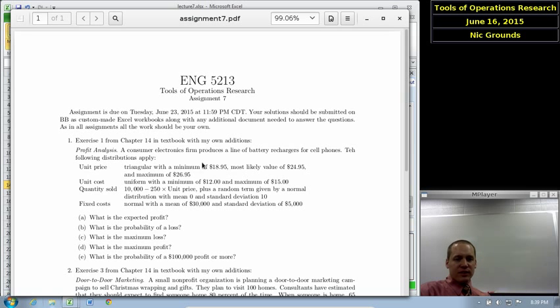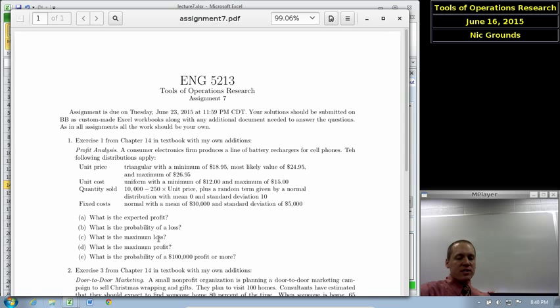So, okay, this should be easy, but exercise number 1 is the same problem we just did. Same numbers, anyway. The questions that I'm asking are a little bit different, okay? I didn't necessarily ask all of these questions when we did the problem just now, but you'll have to figure out how to answer these questions.